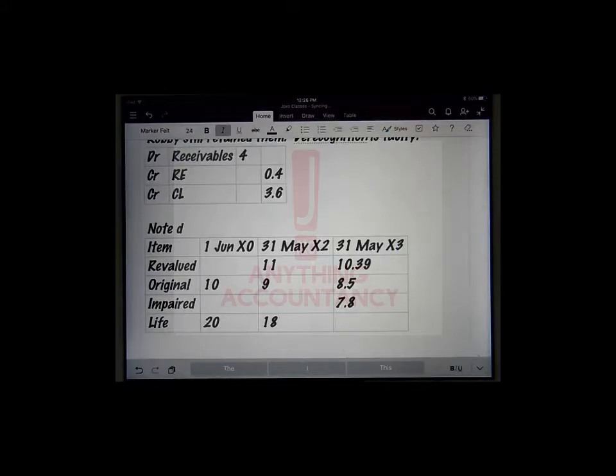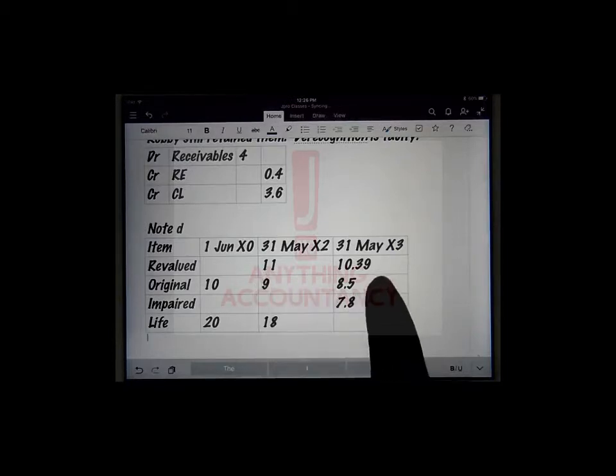You have to do new depreciation. Are you clear now? You have to depreciate it based on the new value, 11. 11 divided by 18, the new depreciation is 0.61, no longer 0.5. Revalued depreciation, right? Clear? Got it?